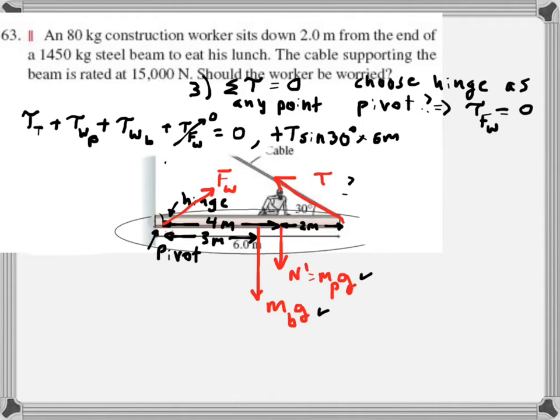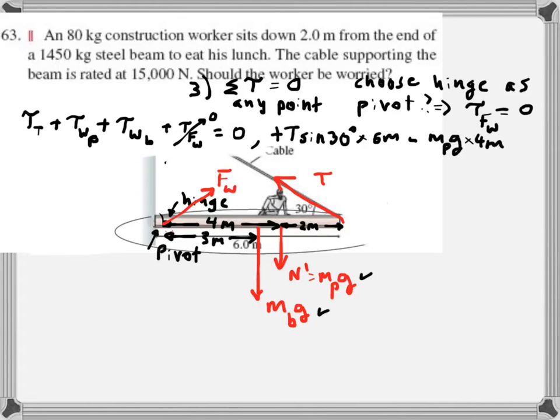So we do that with T sine 30, and then we multiply by 6 meters because that's the distance at which the tension is applied. That's the torque of the tension. And notice the positive sign, because the tension by itself would make the beam rotate in the counterclockwise direction. Counterclockwise is what we call the positive direction for rotation. So the torque of the tension is plus T times the sine of 30 degrees times 6 meters.